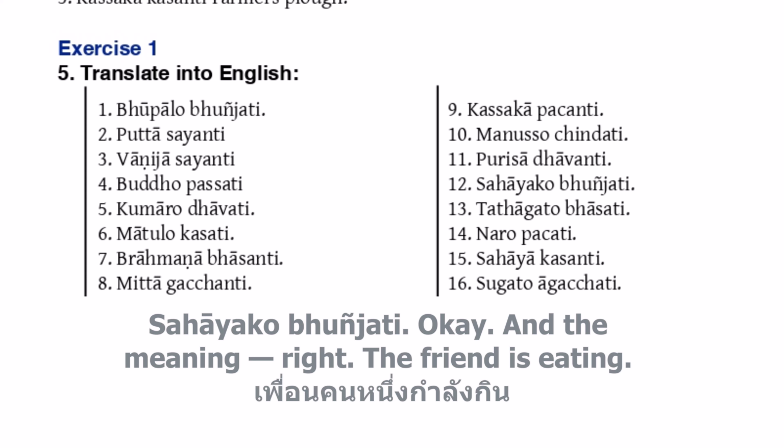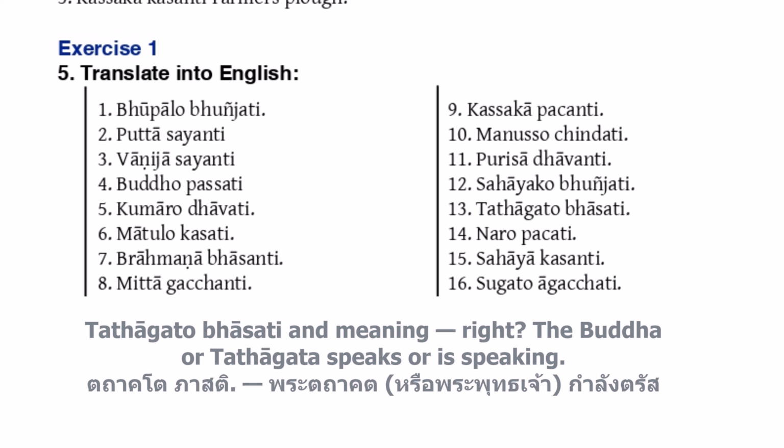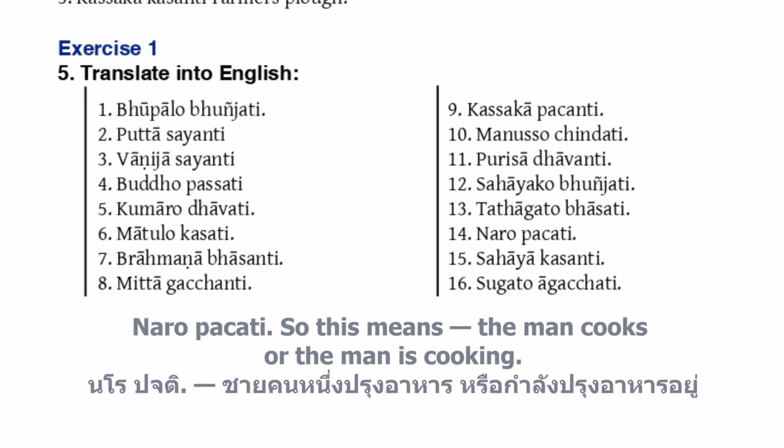Okay, next 12. Sahayako bhunjati. Okay, and the meaning? Right. The friend is eating. Tathagato bhasati. And meaning? Right. The Buddha or Tathagata is speaking. Okay, Naro pacati. So this means, the meaning? Right, the man cooks, or the man is cooking.